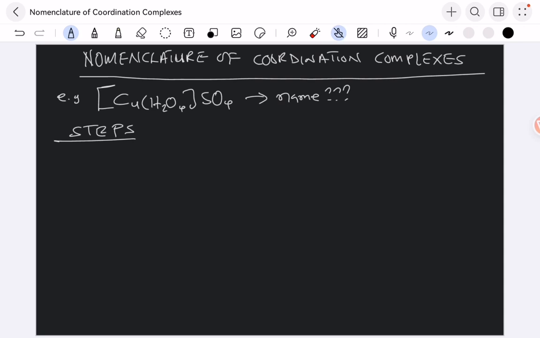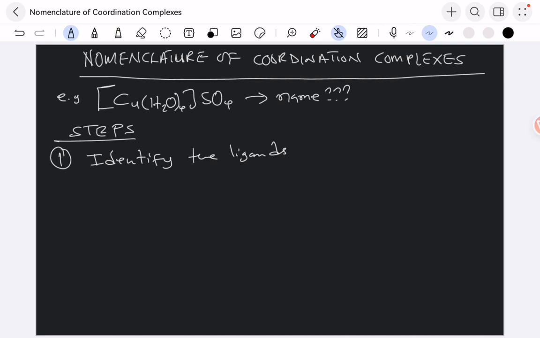So the first step, which is step number 1, the first thing we have to do is identify the ligands. So what are the ligands in the given coordination complex?